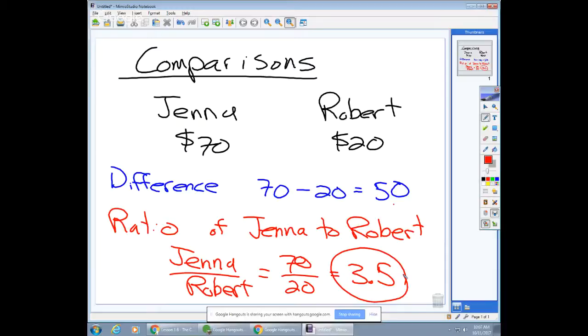So write a sentence. The sentence has to have at least one number in it, preferably more.